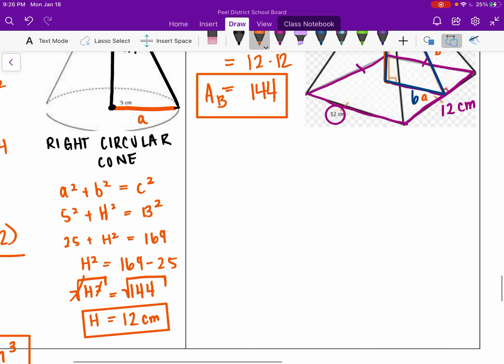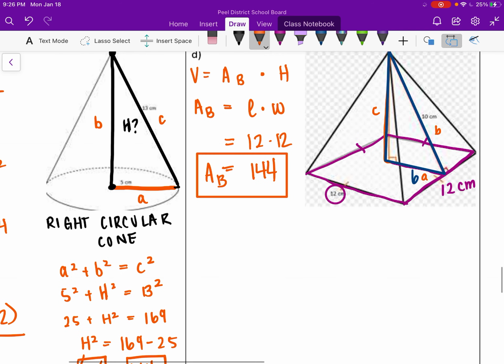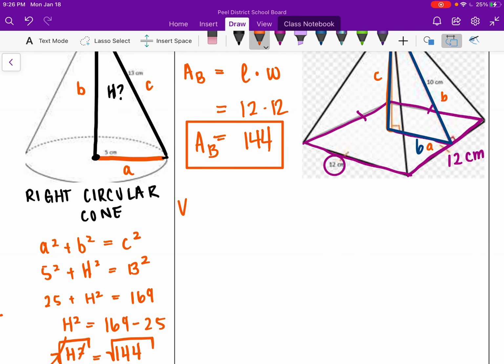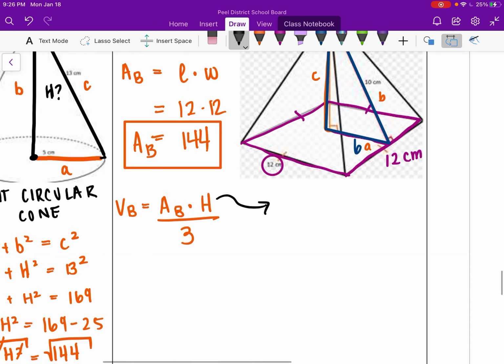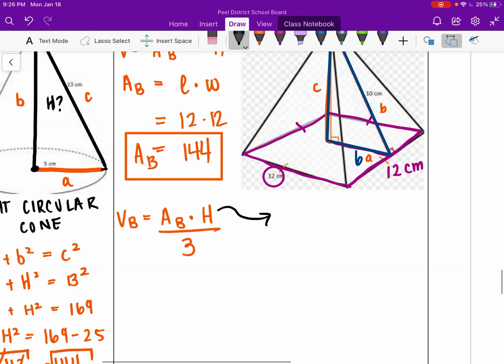Remember when I said you might need that height? Yeah, we do need that height, because we need to know what the height of this pyramid is. So, in order to find volume equals area of the base multiplied by height divided by 3, right? To go off and find this height, we've got to do a little bit of work. So what I'm going to do is pull that triangle out.